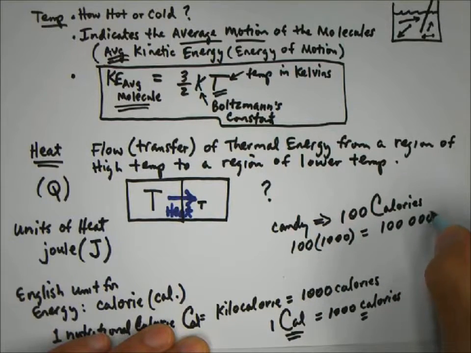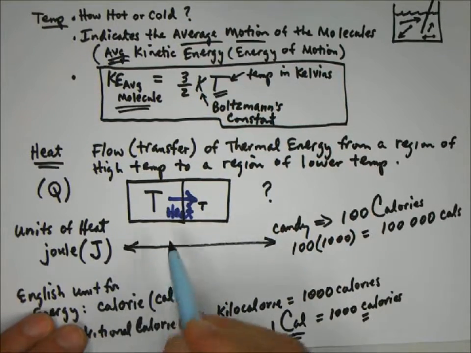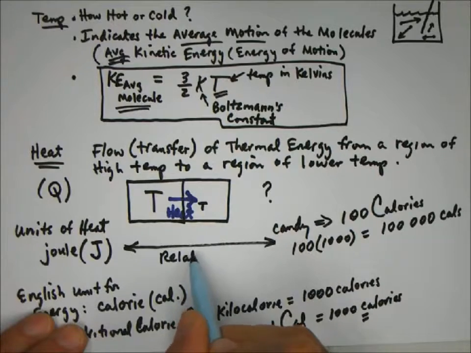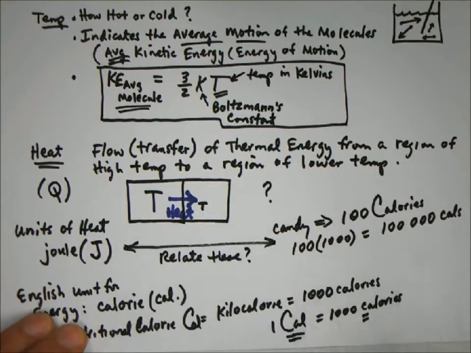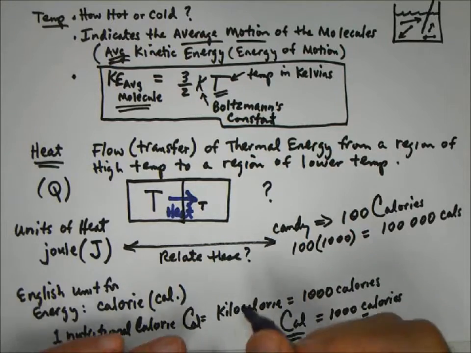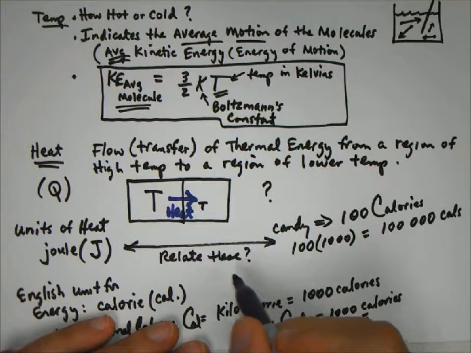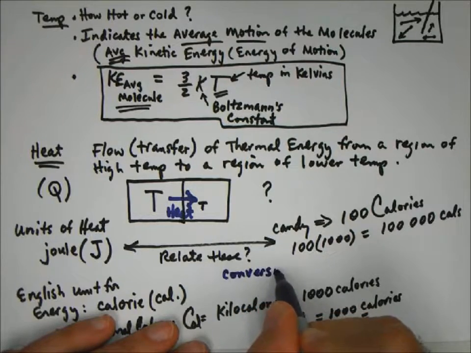Okay. Now how can we relate that with joules? How can we relate these together? Well, what we can do is realize that there's a conversion factor, and the conversion relating joules to calories goes like this.